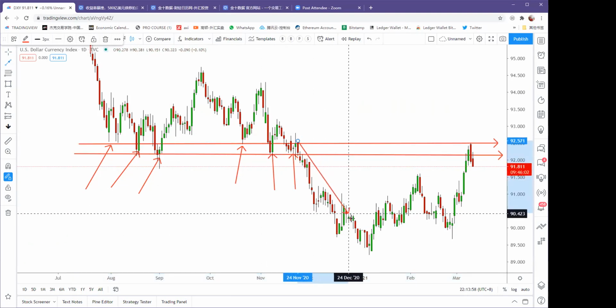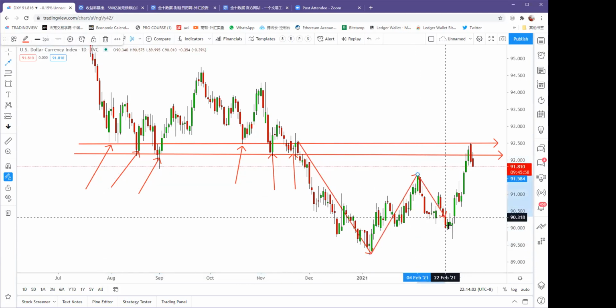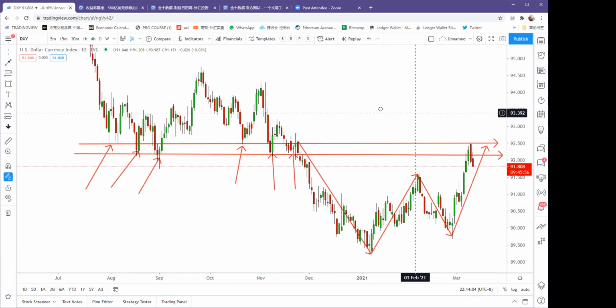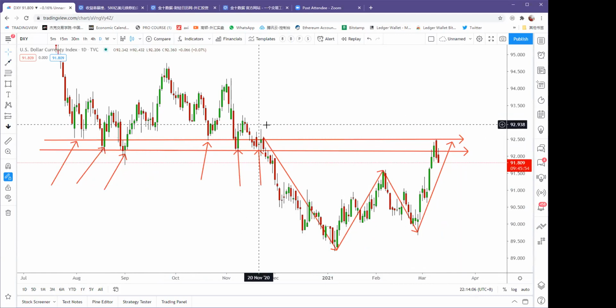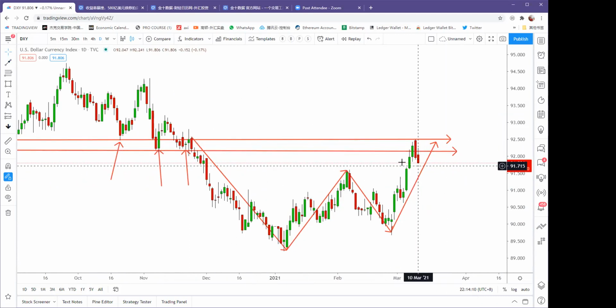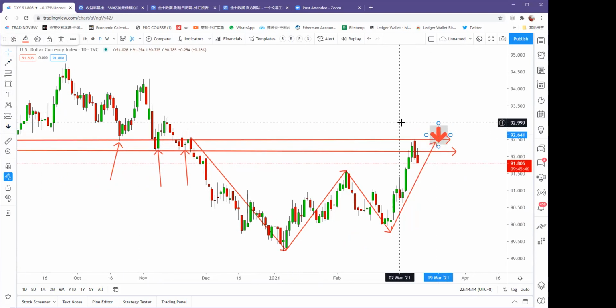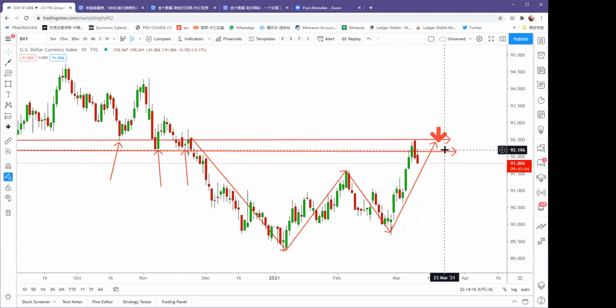Then a very strong bearish wave comes and completes our ABCD pattern. It comes to 92.50 but failed to break this pin, and now it shows an engulfing candle. So again, it's a good time for us to sell the dollar.